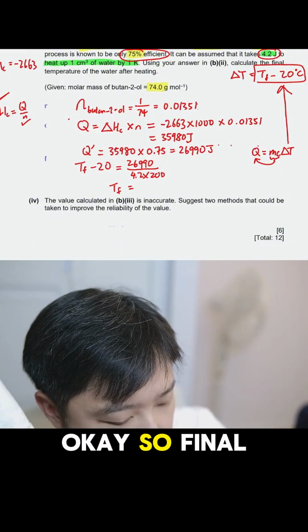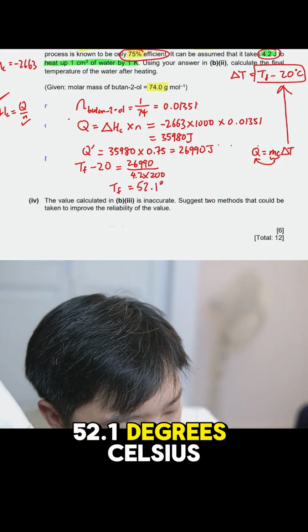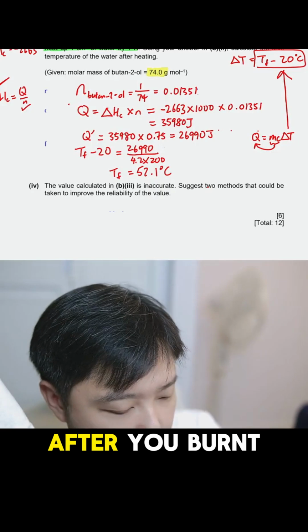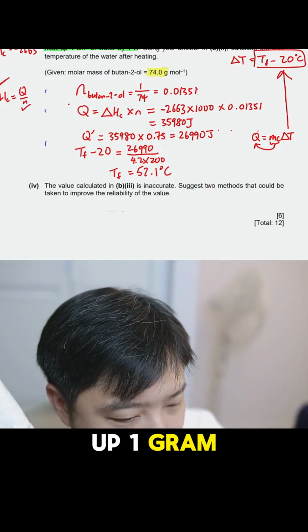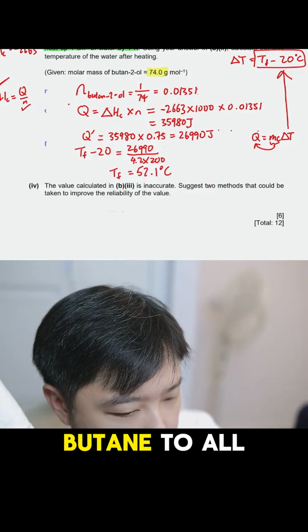Okay, the final temperature is 52.1 degrees Celsius. This is the final temperature after you burnt 1 gram of butan-2-ol.